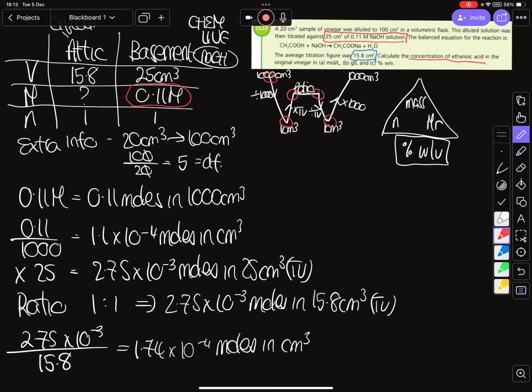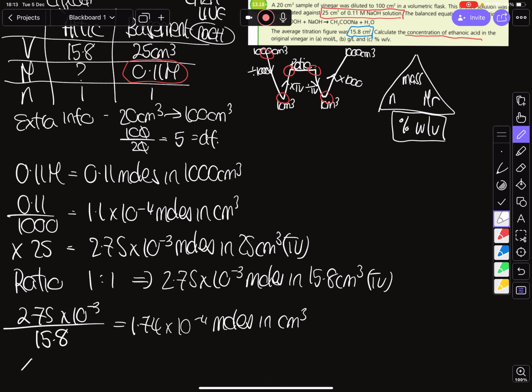So we're just here. And to finish off my maths, I am going to multiply it by 1,000. So when I do that, I get 0.17405. If I leave it like this, I'm going to have a slip because I don't have the right number of correct significant figures.